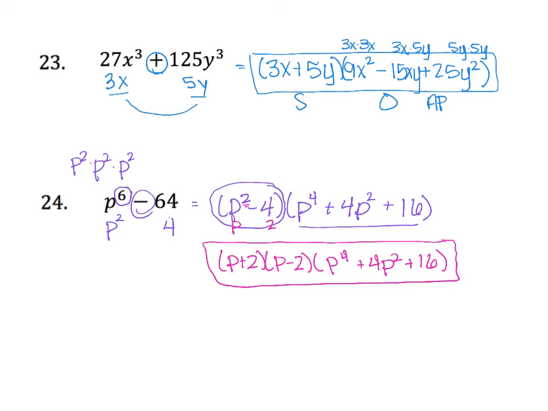Right? So always looking at what's left and saying, can I keep going? Whenever I use that sum and difference of cubes patterns, though, right, I'm never going to be able to keep going with the trinomial part. I might be able to keep going with the binomial part. But notice all of the other ones don't have any exponents, right, which is the big clue that there's nothing I can keep going with.